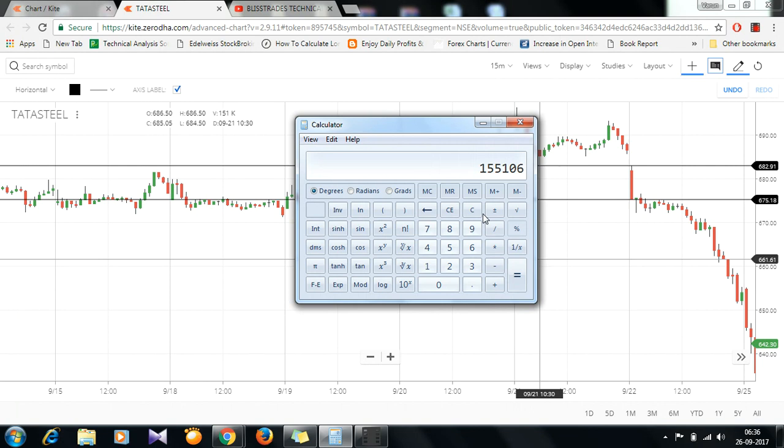So the next day also, if I have two parts of the trades, for each part I will trade with 155106. In this way I am doing a daily compounding of whatever balance I have in my trading account. Same with the loss case.